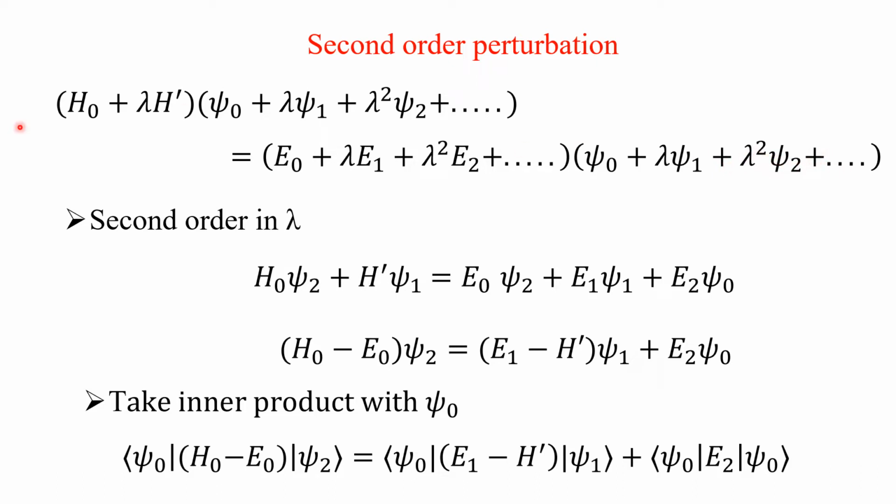Now, as in the case of first order perturbation theory, you can compare terms of the same power in lambda, here lambda power 2, that is second order in lambda. So, in order to find the second order perturbation, you equate the lambda squared terms on both sides. On the left hand side, in the bracket, the third term is the lambda squared term.